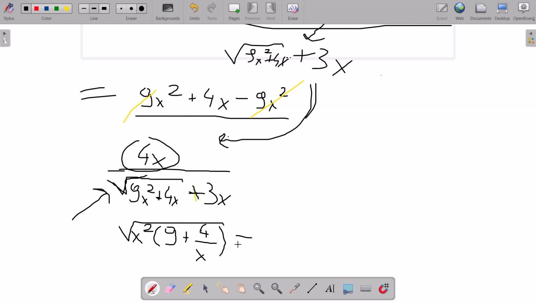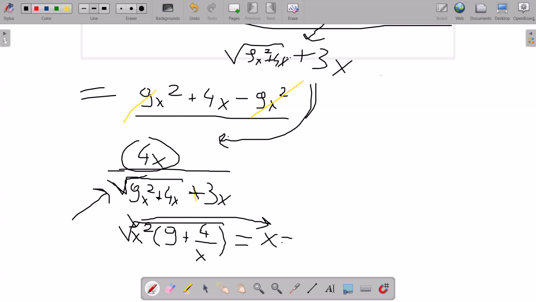Now you can take the square root. First you wrote x squared inside the square root, now you have to take this power of 2 out of the square root.